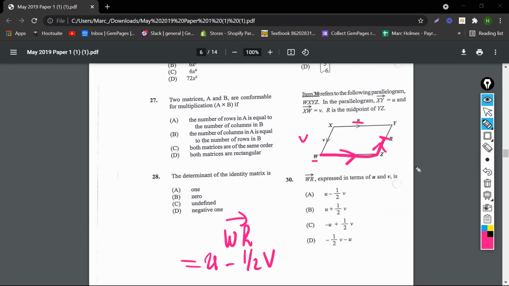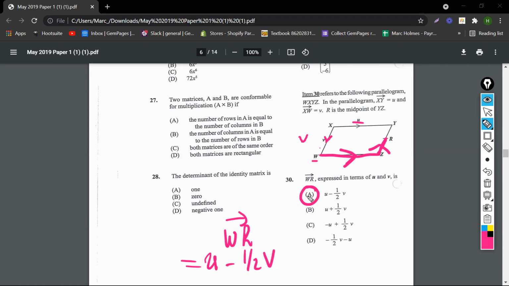And the reason it's negative is because I'm going the opposite direction from that V, upwards. So that's why it ends up being U minus a half V. My answer would be A, actually.